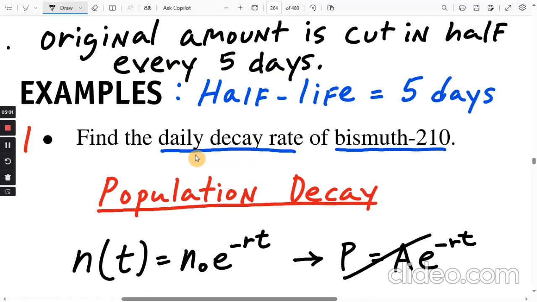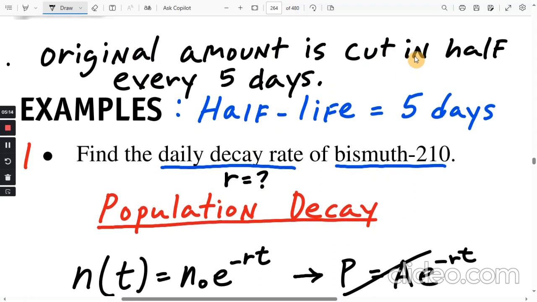We want to find the decay rate, that's r. And we know the original amount is cut in half every 5 days. So what does that mean?